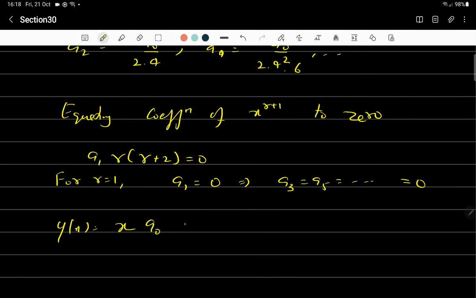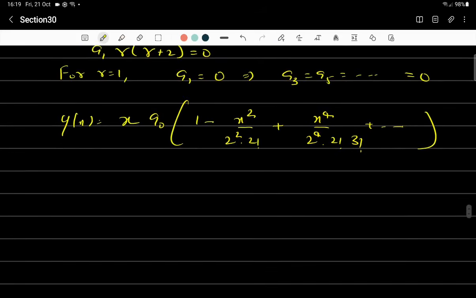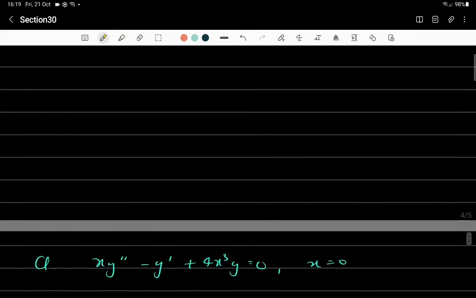So for a1, equating the coefficient of x raised to the power r plus 1 to 0, I will get a1 times (r plus 2) is equal to 0. Yes. Now for r is equal to 1, your a1 is 0.